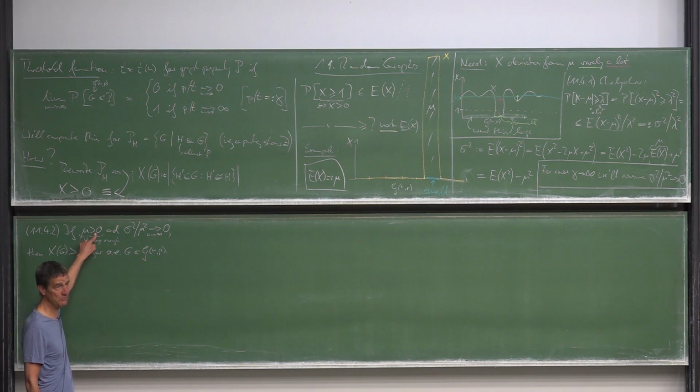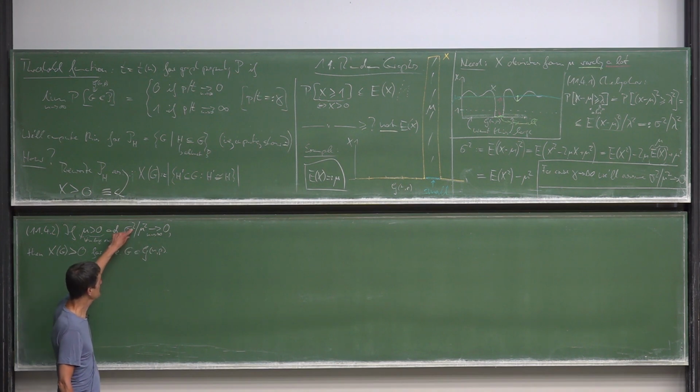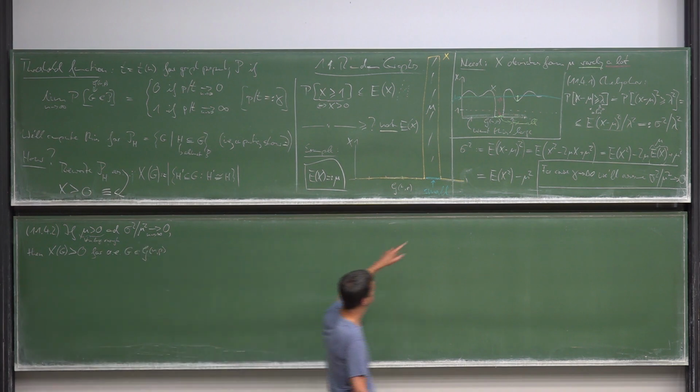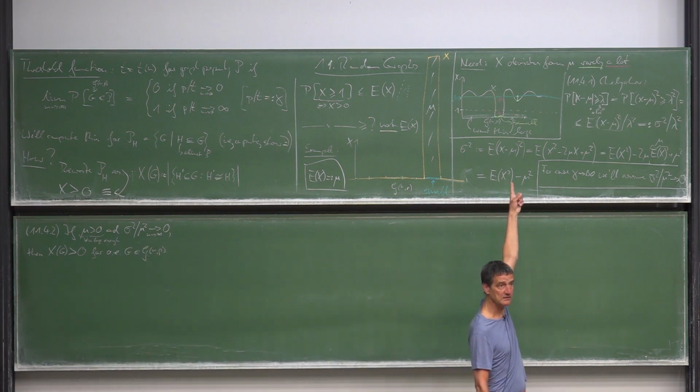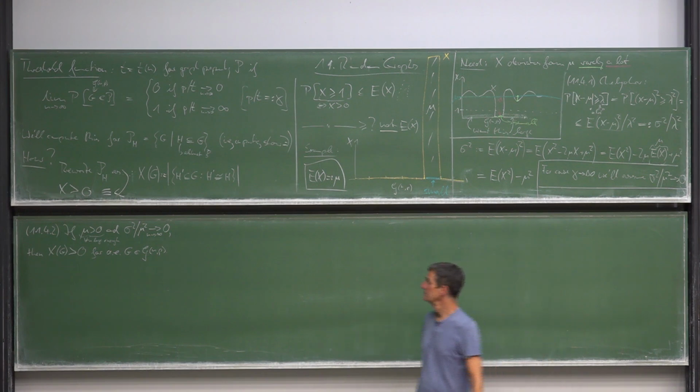It needn't be bounded away from 0 as n grows. But it should be above 0 for all n large enough. And then we just require that sigma squared decays more quickly than mu squared. Right, so that we can do that trick up there. Okay.